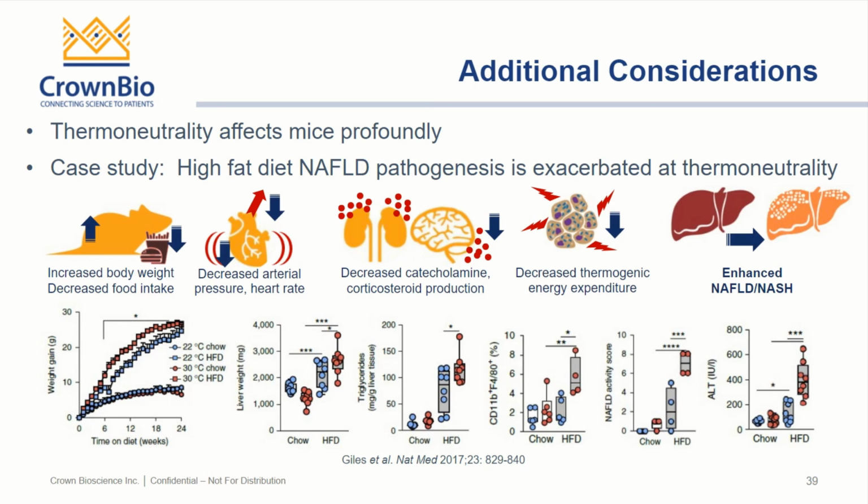Studies have also shown that animals on high-fat diets develop more severe liver diseases when fed high-fat diets at thermoneutrality. Parameters including liver weight, triglyceride content, and inflammatory cell infiltration contribute to augmented NAFLD activity scores and higher levels of markers of liver disease. This can create larger windows for therapeutic efficacy or alter the efficacy of the drug itself.